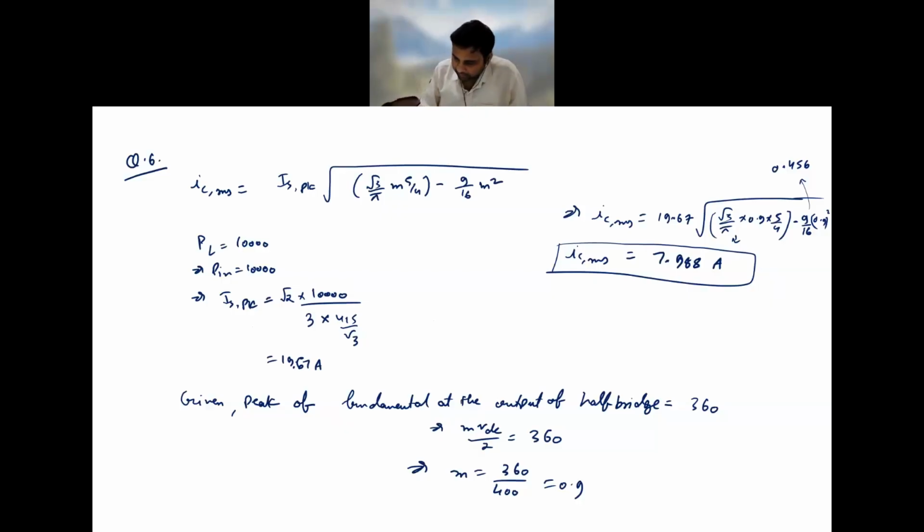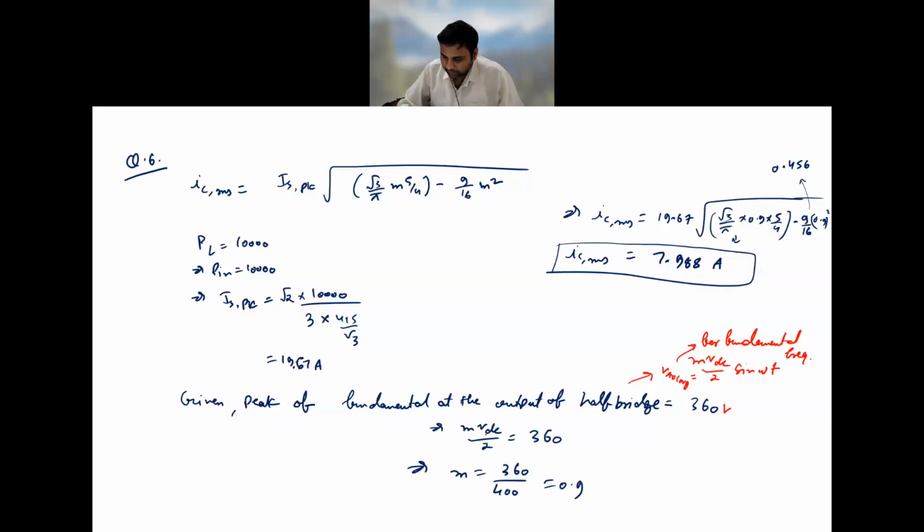So what it indicates is that the peak of fundamental is m VDC by 2 sin omega t, the average value of half bridge, that we know VAO average, for fundamental frequency, it is m VDC by 2 sin omega t. So that is what we will get, which is 360 volt.